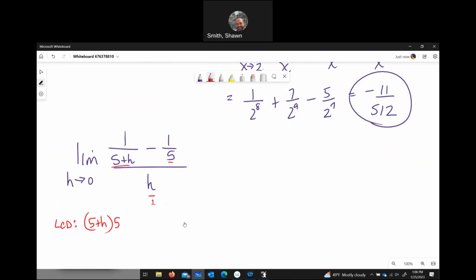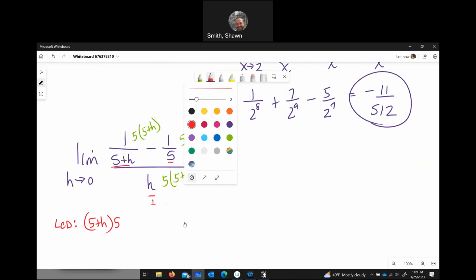I will multiply this LCD to every term in here. So I'm going to have 5 times 5 plus h, 5 times 5 plus h, 5 times 5 plus h. And you're going to see all the fractions will cancel out. Their denominators, that is. 5 plus h goes away here, here. 5 goes away here and here.